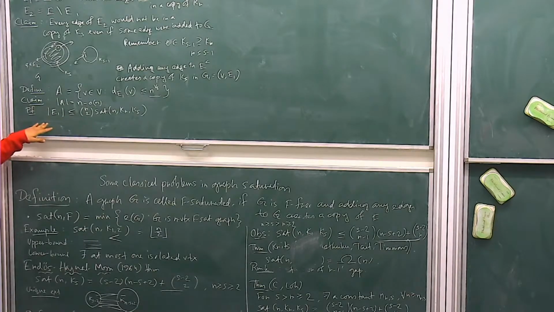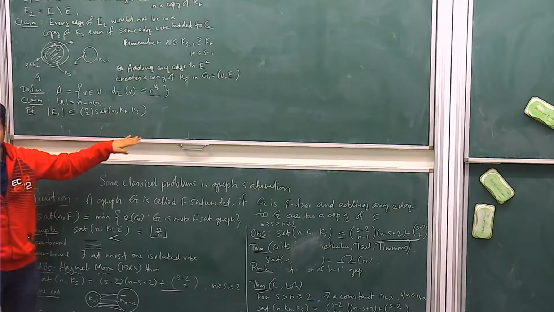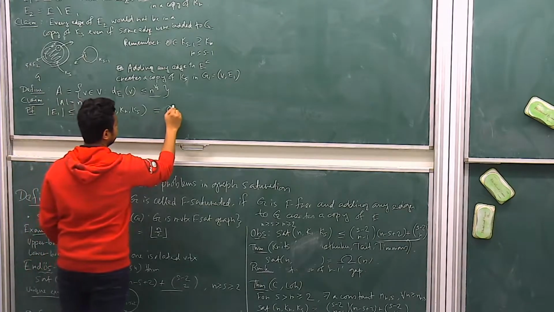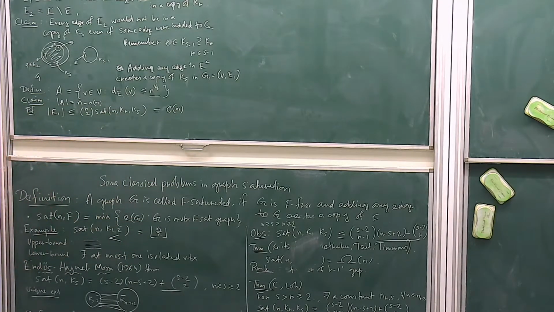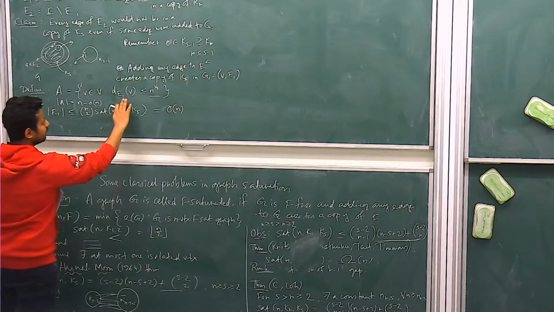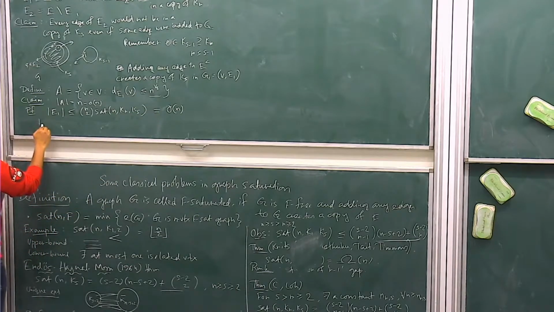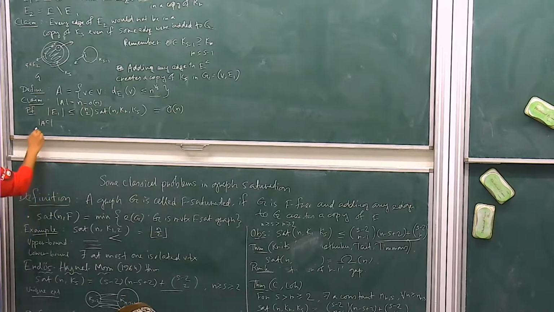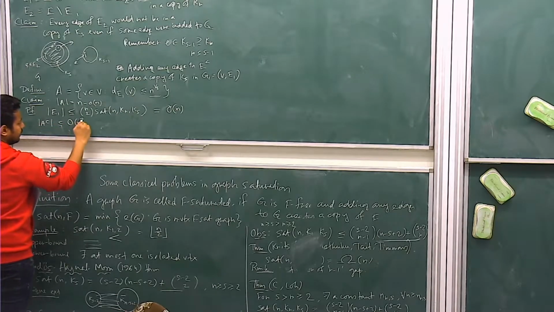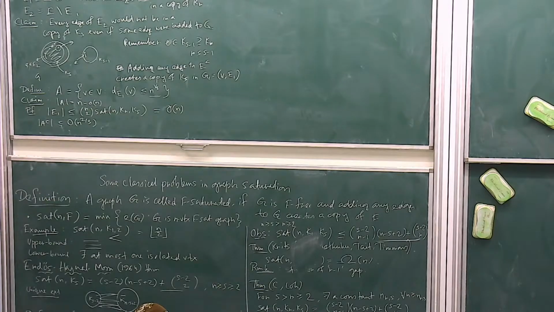So the number of edges in E1 is at most this, and we know this is linear because we already have the upper bound on this saturation number. Now you can easily see that the number of vertices whose G1 degree, or E1 degree, is more than n to the power 1/3 should be at most this. It's just a simple counting argument, and basically we are done with what we claimed.